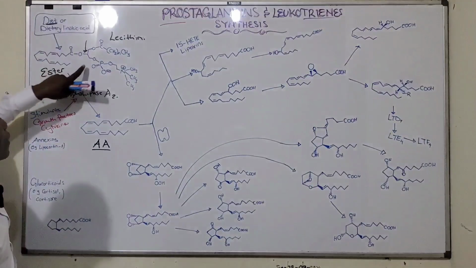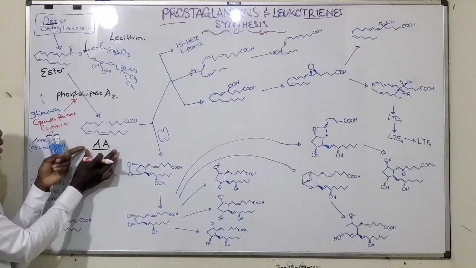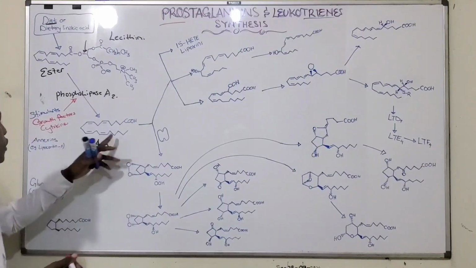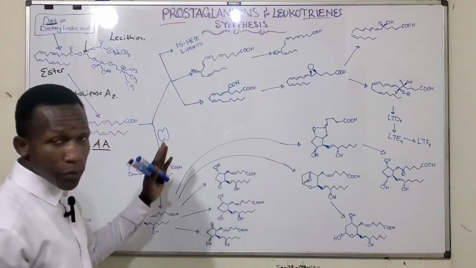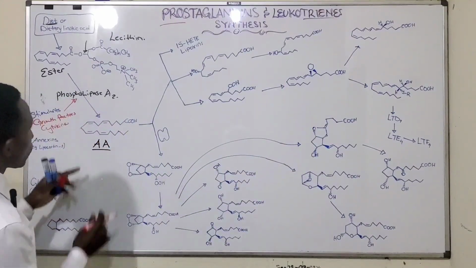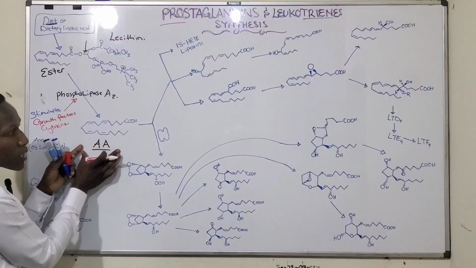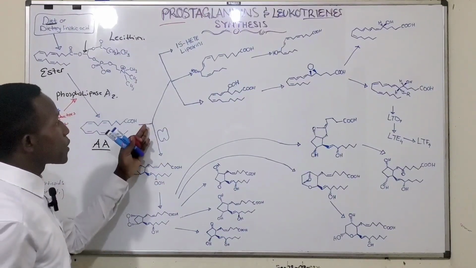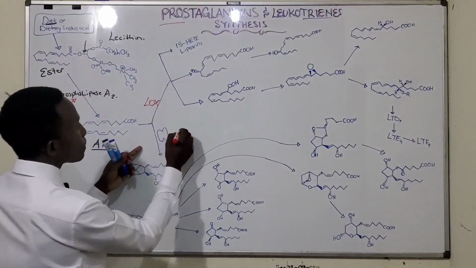This cleaves the esterified arachidonic acid to release the arachidonic acid. Then this arachidonic acid is the main precursor of all these prostaglandins. From the arachidonic acid, by the help of different enzymes, we have 2 pathways. We have the LOX pathway and the COX pathway.